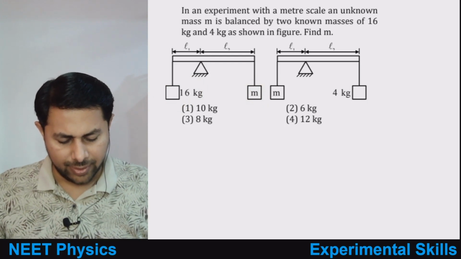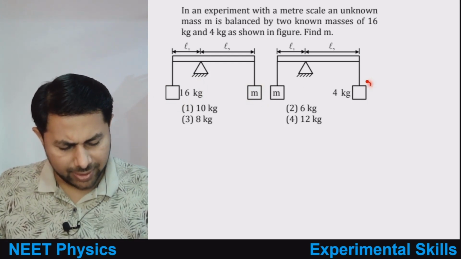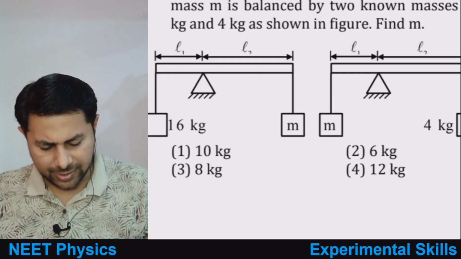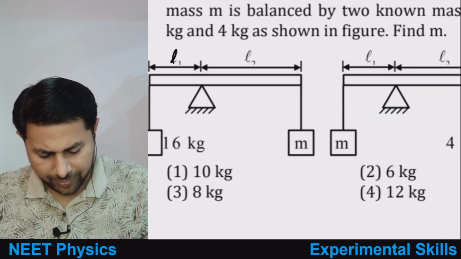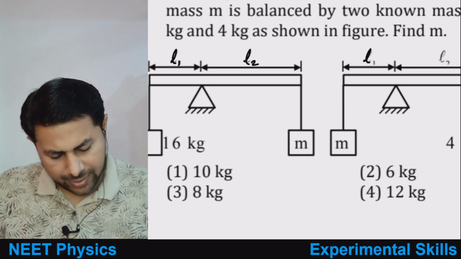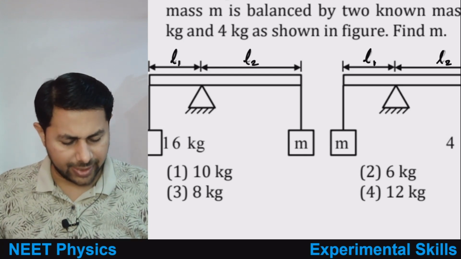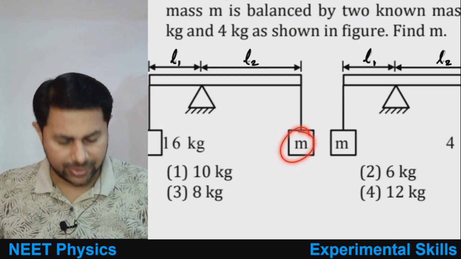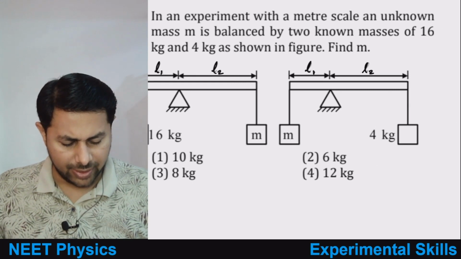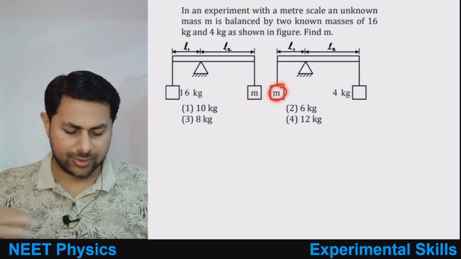In the second case, it is balanced by 4 kg. In the first case the distances are L1 and L2, and in the second case again L1 and L2. The distances are the same, but the masses are swapped: in the first case it's on the right hand side, in the second case it is on the left hand side.